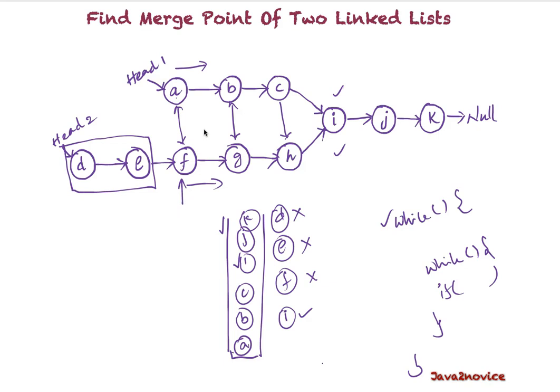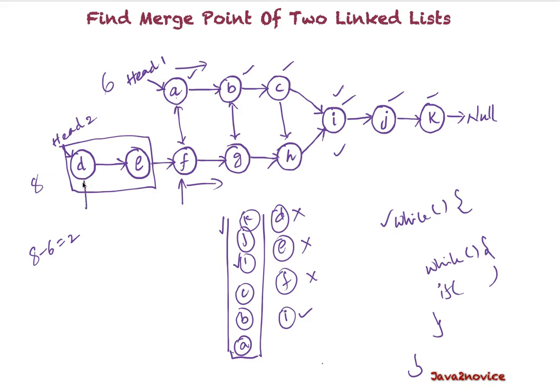For that, first identify the length of the first linked list. The length of the first linked list is 1, 2, 3, 4, 5, 6. The length of the second linked list is 8. Now what is the difference? 8 minus 6 equals 2. Take the longest linked list and move the node pointer 2 steps.